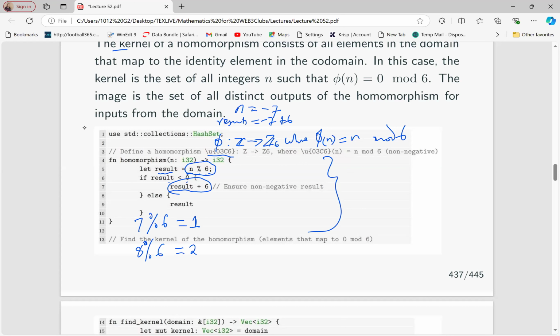This is not a positive number, it's still less than 0, so we add 6 again and get 5.